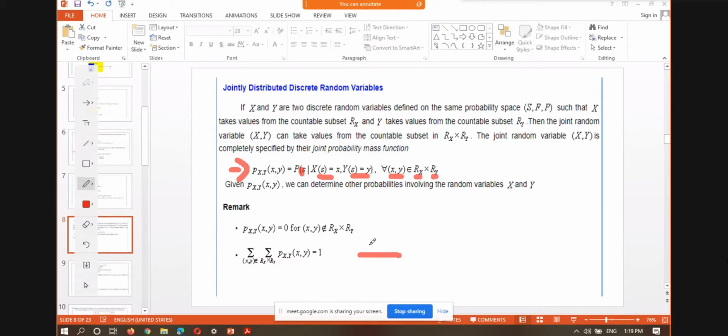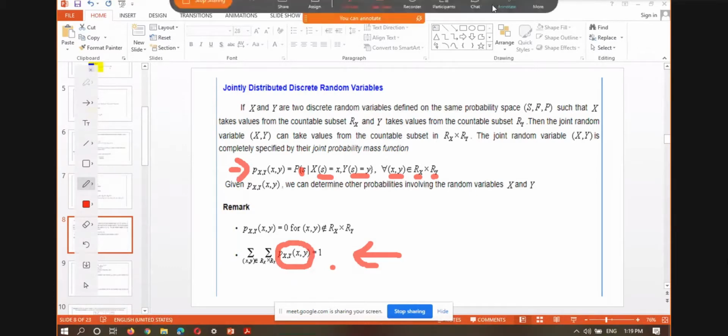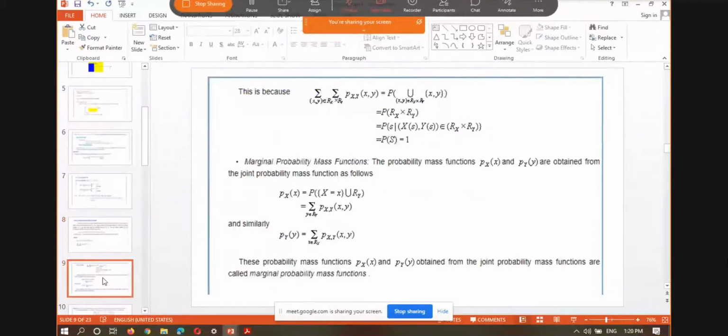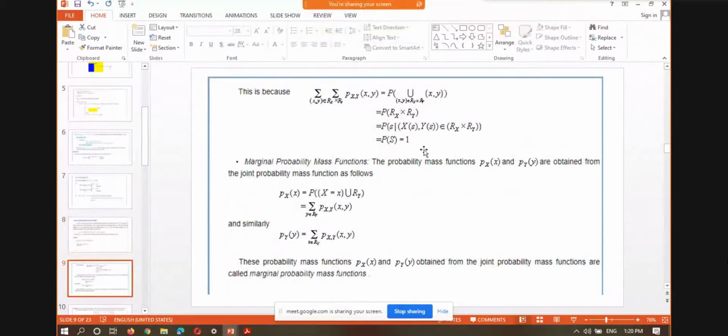We have already discussed that the total probability is one: if we sum this joint probability mass function over all values of x and y, we will get one. This is also a property, and here they have provided the proof for that.